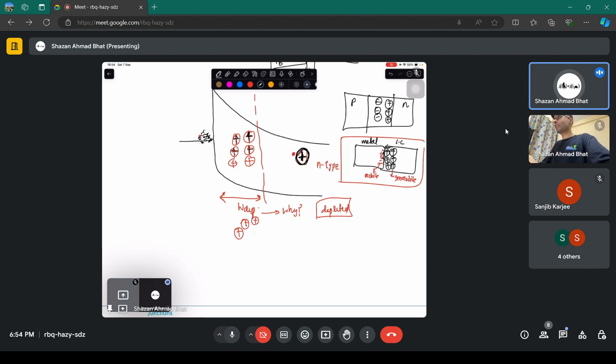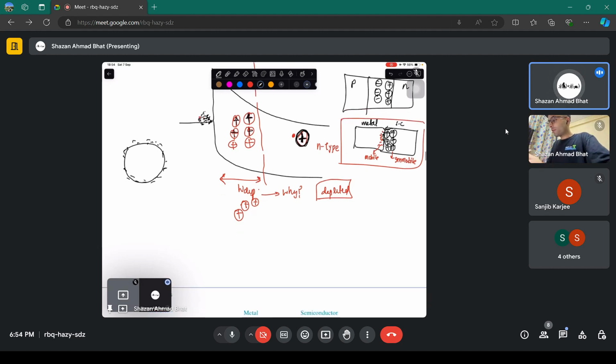That's why you don't show those electric fields inside the metal: if you have a conductor, any charge you give to the conductor resides on its surface. That is the property of a conductor, and that conductor we used to study was actually a metal. And now you have this particular scenario here.